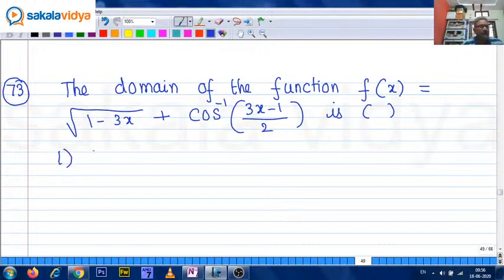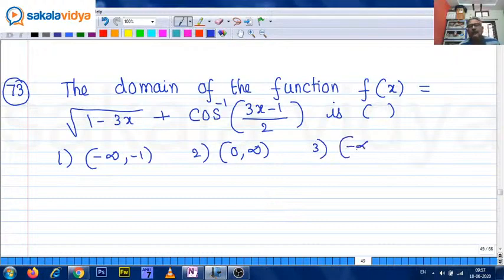First option, negative infinity comma negative 1. Second one, 0 to infinity. Third, negative infinity comma negative 1 union 0 to infinity. Fourth one, minus 1 by 3 comma 1 by 3.